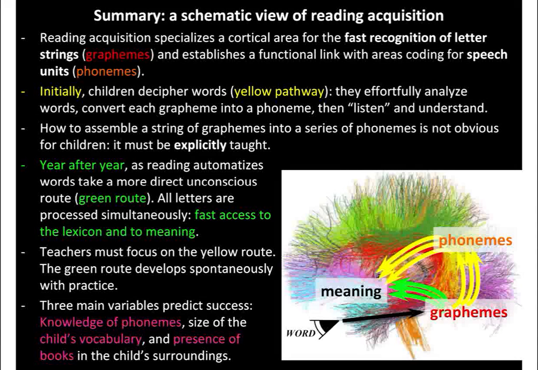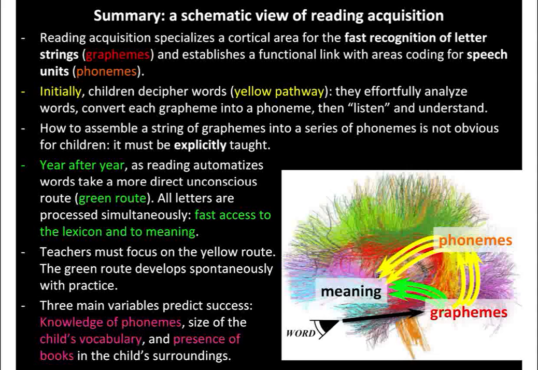So, summary of what I've said so far: reading acquisition specializes the cortical area for the fast recognition of letter strings, graphemes, and establishes a functional link with areas coding for speech units, phonemes. Initially, this is essentially what Joe was telling you yesterday. Children will decipher the words using the yellow pathway. They effortfully analyze the words, they convert graphemes into phonemes, they listen to what they get, and they understand the corresponding words if they have the word in their vocabulary.